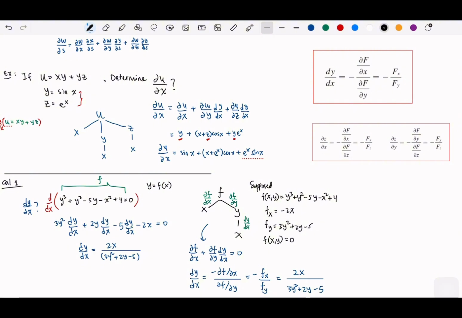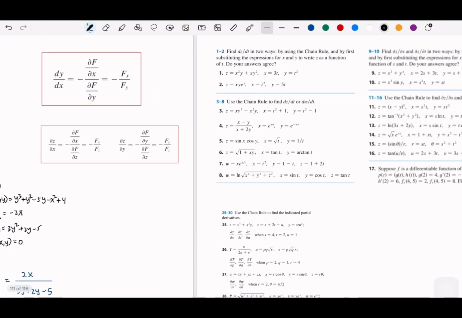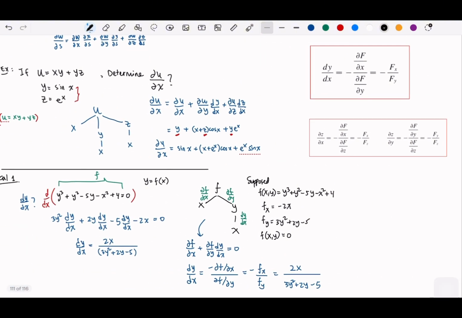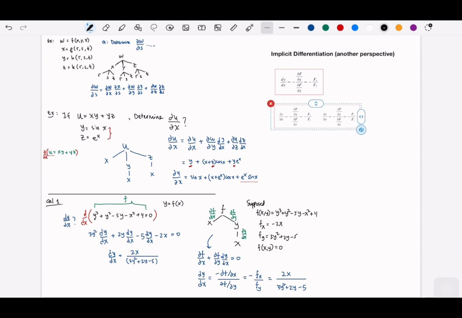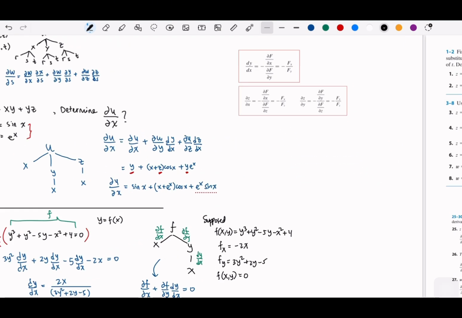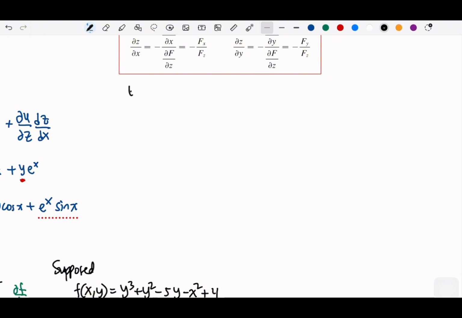Maybe let me give you another example, just one more example. Maybe let me make it smaller here. Example here. Suppose that we have this equation.